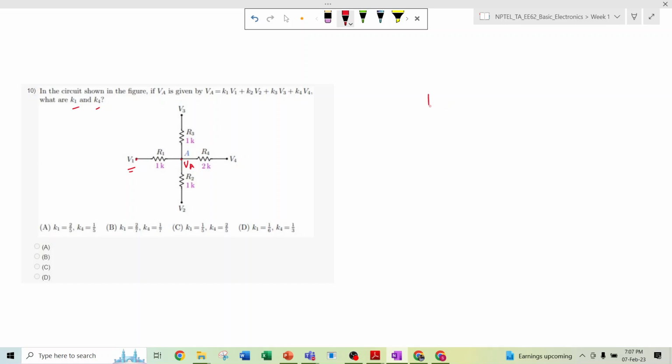Suppose you have a voltage source of 5 volt and you have a resistance of 2 ohm. Basically you represent this as 5 volt, here is one resistance 2 ohm, and this part is ground. That means this voltage with reference to the ground is 5 volt.